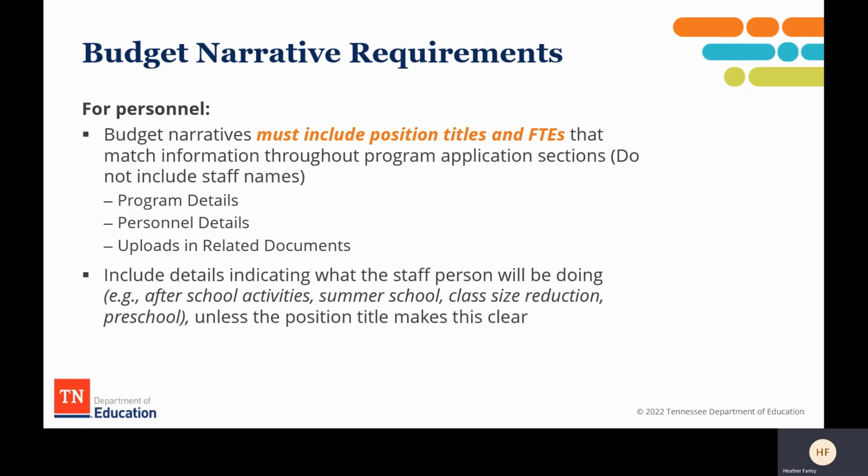Do note for personnel, do include the position titles and FTEs. Do not include staff names. And even give detail such as, is this person completing after school activities, summer school activities?